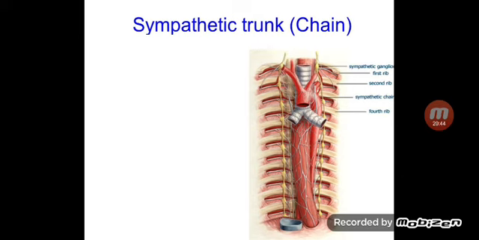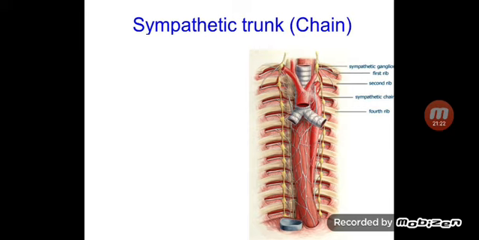The upper 5 ganglia give postganglionic fibers to the heart, aorta, lungs, and esophagus, the major organs in the mediastinum. We mentioned for each of these structures the effect of sympathetic innervation.